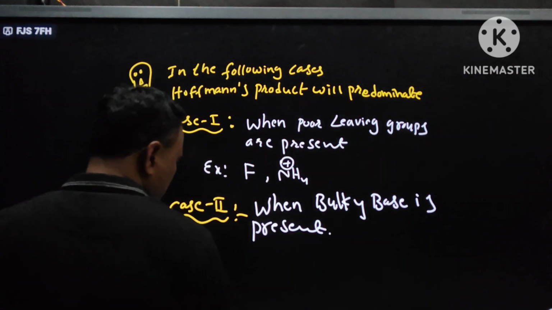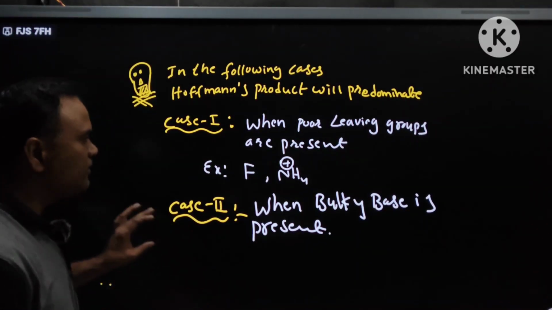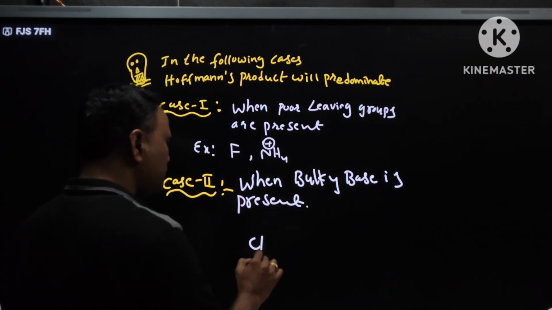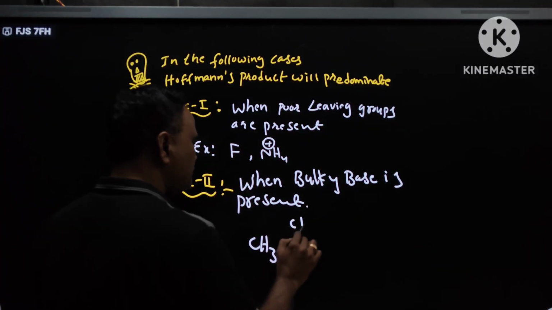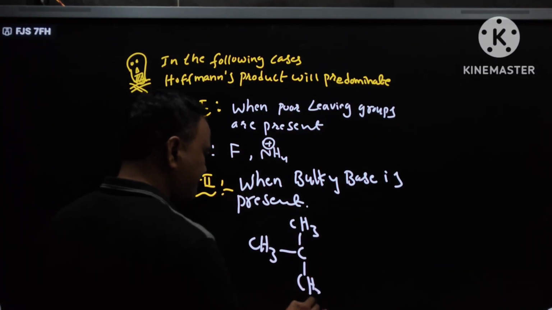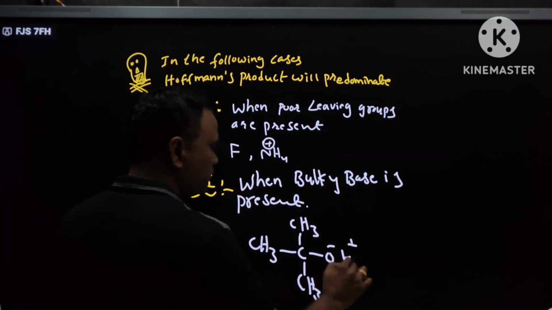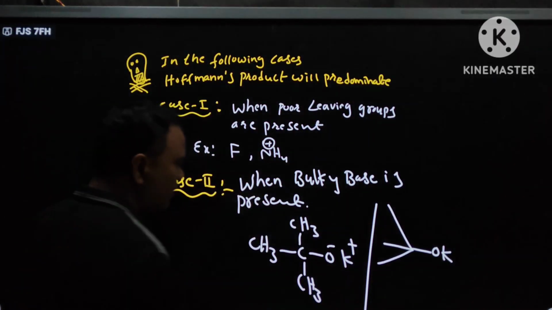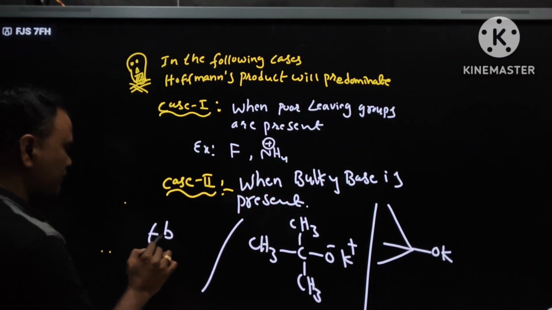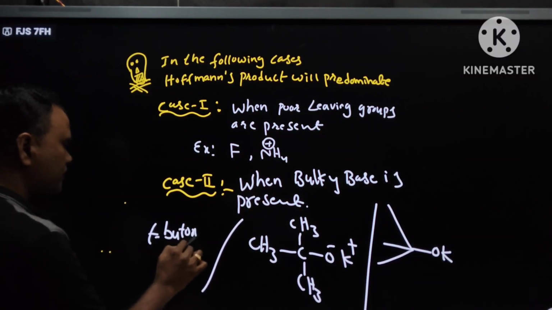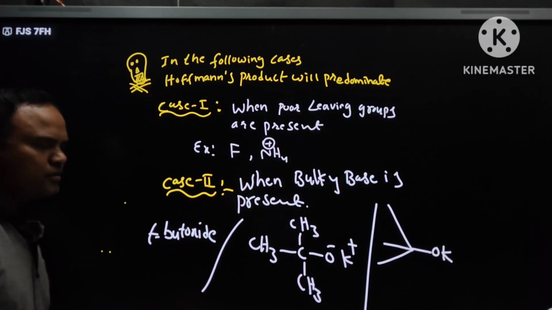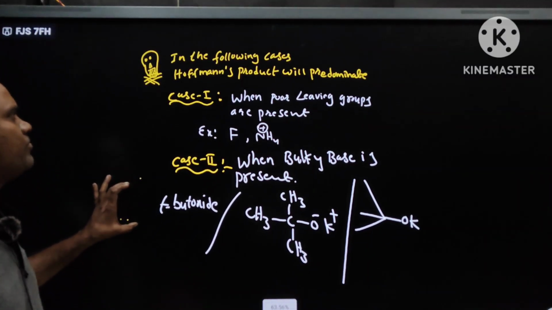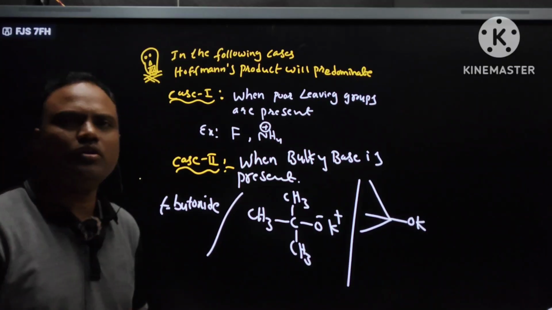You have only one bulky base, very easy to remember. You know it already: tertiary butoxide, O negative K plus, or it can be represented like this, t-butoxide. When the bulky base is given, then also you will get Hofmann's product.